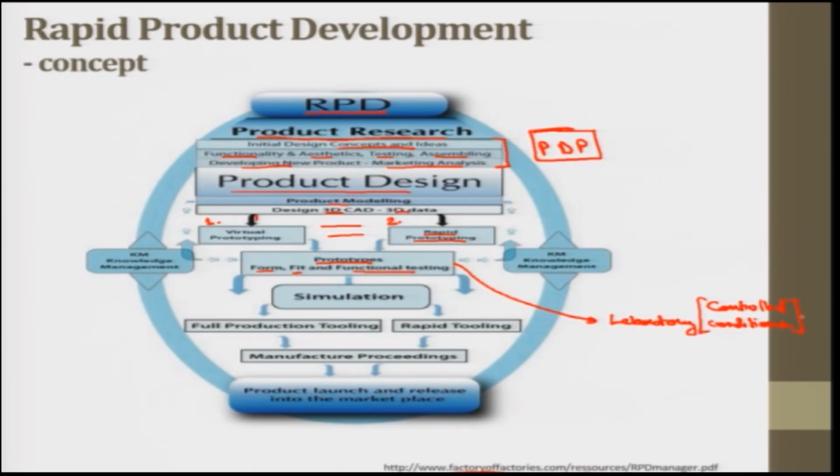Sometimes in realistic conditions also this happens, like Hero Cycles, one of the biggest cycle manufacturing companies in the world. When they come up with a very new product, the first prototype they develop, they sell it to their internal customers.